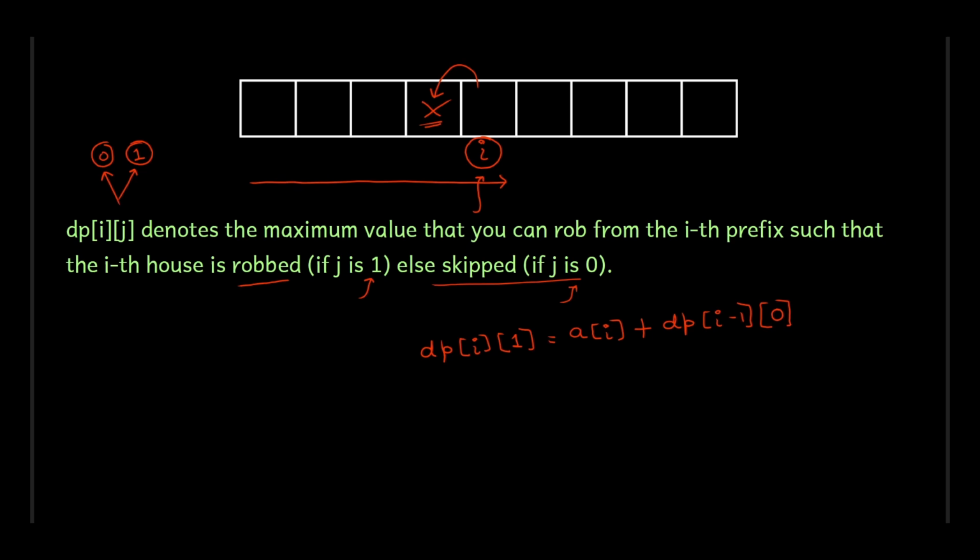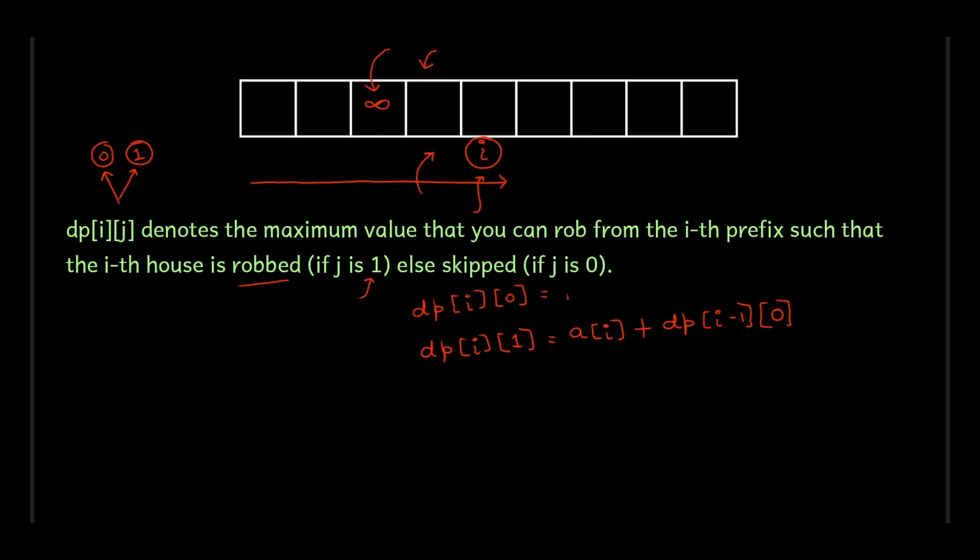And what about DP of i, 0? So if you decide to skip the ith house, does it mean that you have to rob the i minus 1th house? Not really, because it's possible that you have an infinity over here, and if you decide to be greedy and then rob it over here, then you might lose the valuable items from here.